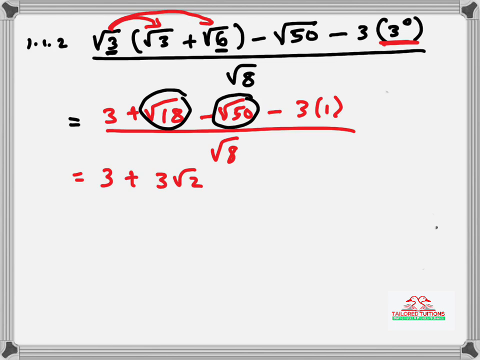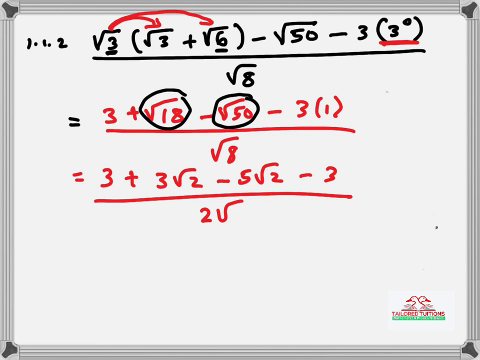Again, your calculator shows you that minus square root of 50 is the same as minus 5 square root of 2. And then this one is minus 3, divided by square root of 8, which as we did before is the same as 2 square root of 2. So all that explanation I was giving you is unnecessary.